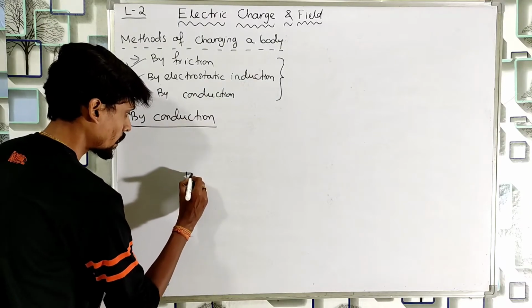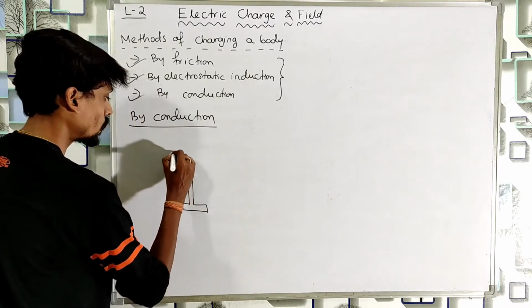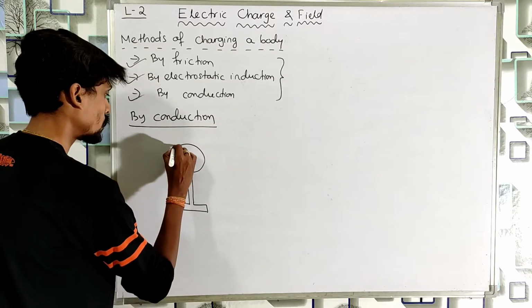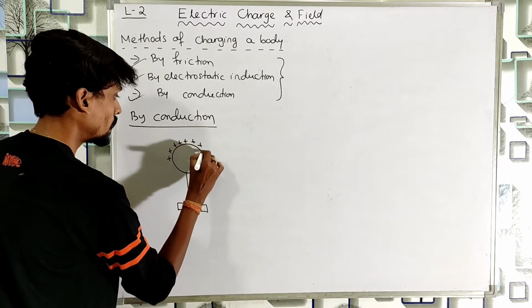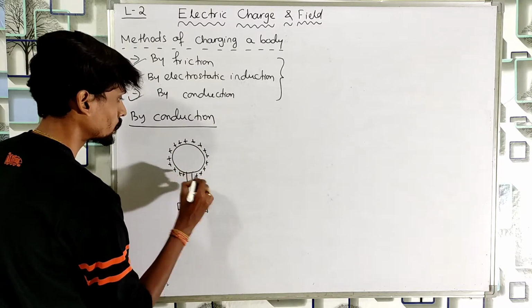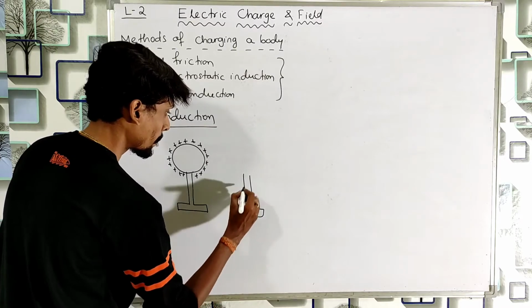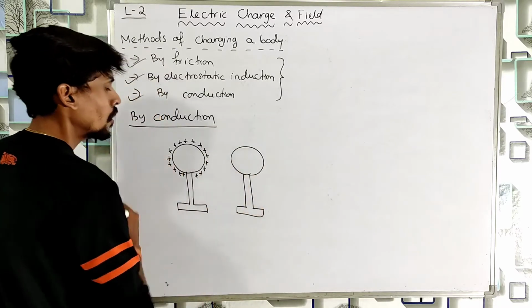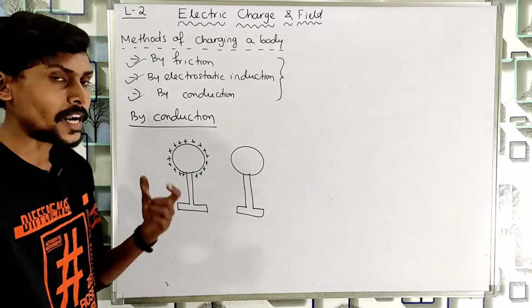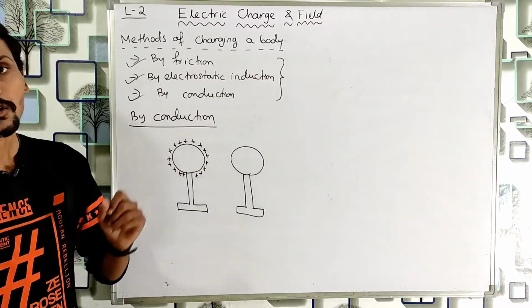Suppose I have taken the two metallic spheres. The first one is positively charged, but the second metallic sphere is neutral. Now we have to electrify or to charge the second body by the method of conduction.